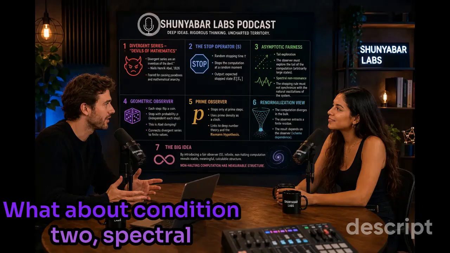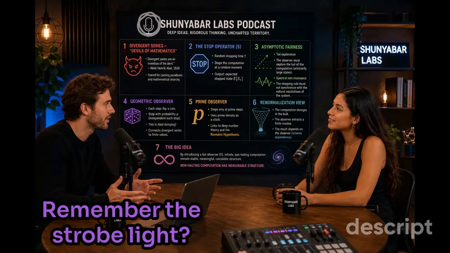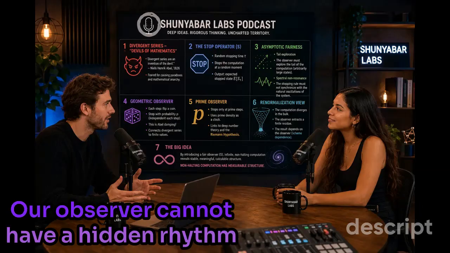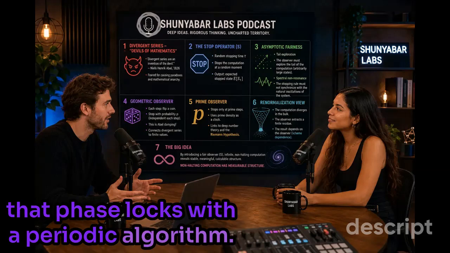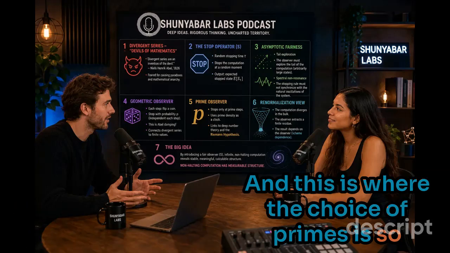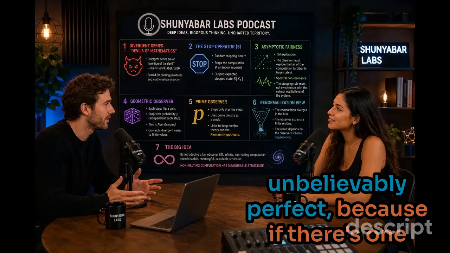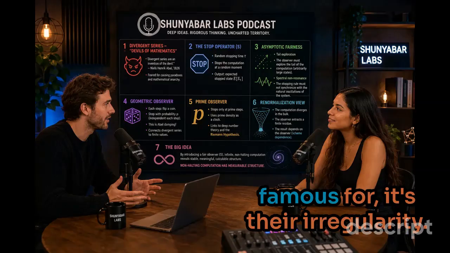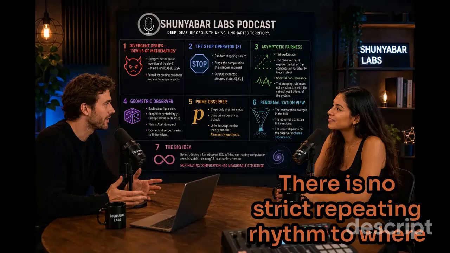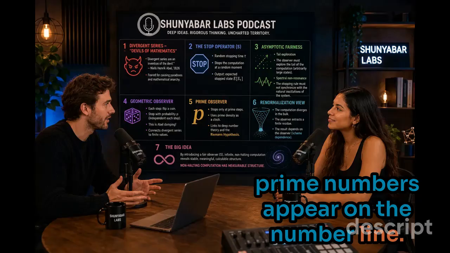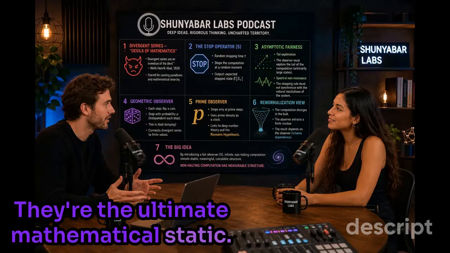What about condition 2? Spectral non-resonance. Remember the strobe light? Our observer cannot have a hidden rhythm that phase locks with a periodic algorithm. And this is where the choice of primes is so unbelievably perfect. Because if there's one thing prime numbers are famous for, it's their irregularity. They're fiercely aperiodic. There is no strict, repeating rhythm to where prime numbers appear on the number line. They're the ultimate mathematical static. Exactly.